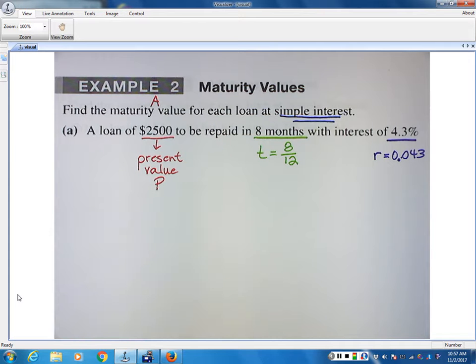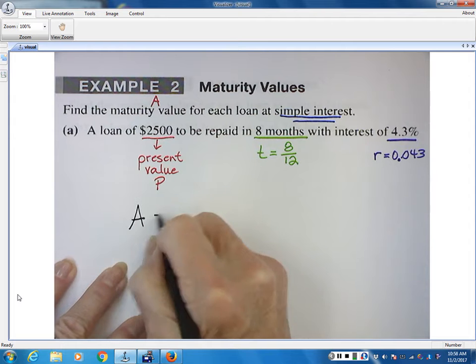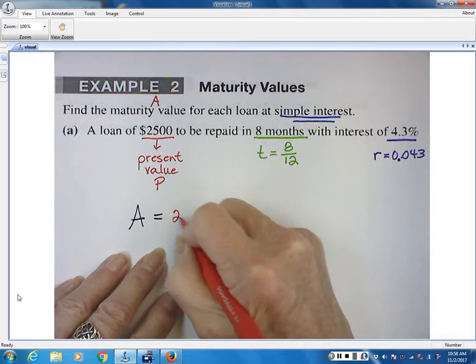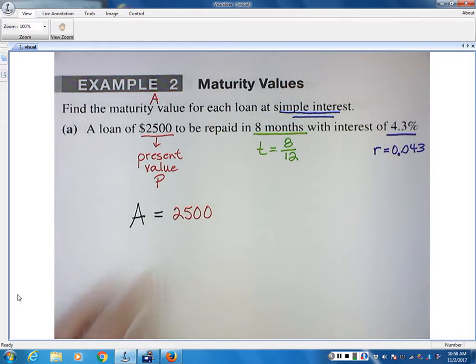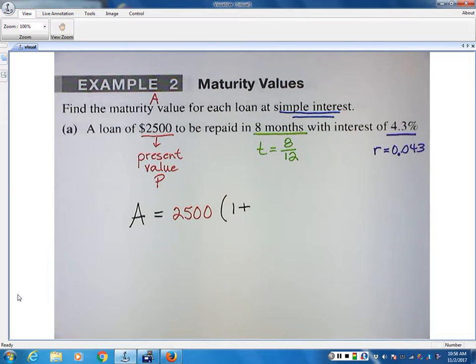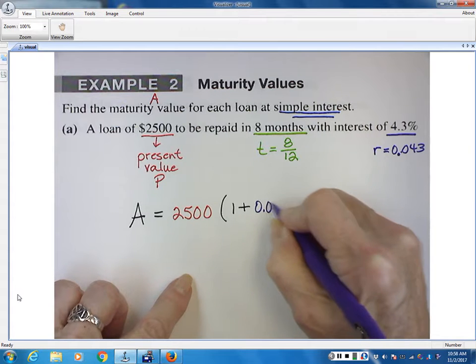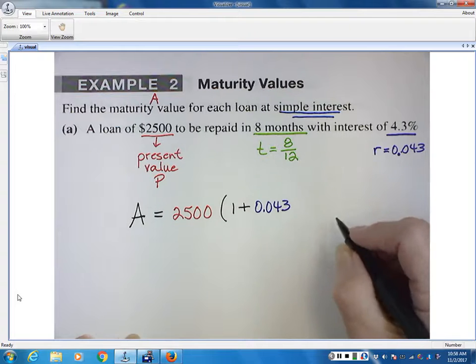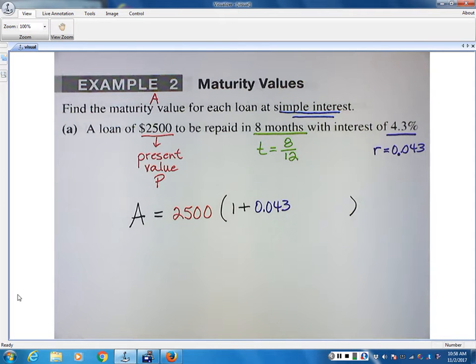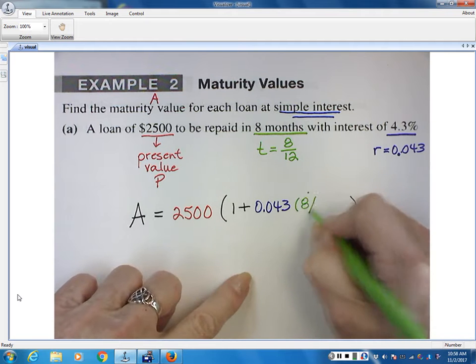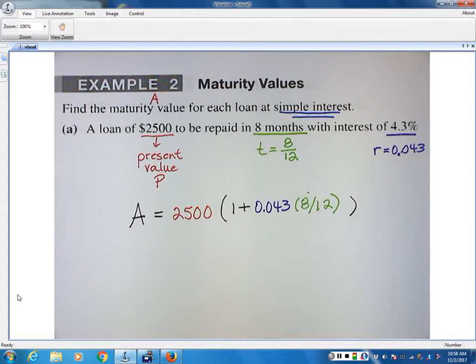So the maturity value, A, is going to be equal to that $2,500 times 1 plus the interest rate, which is 0.043, times the time, which we're going to enter in the calculator as 8 divided by 12.